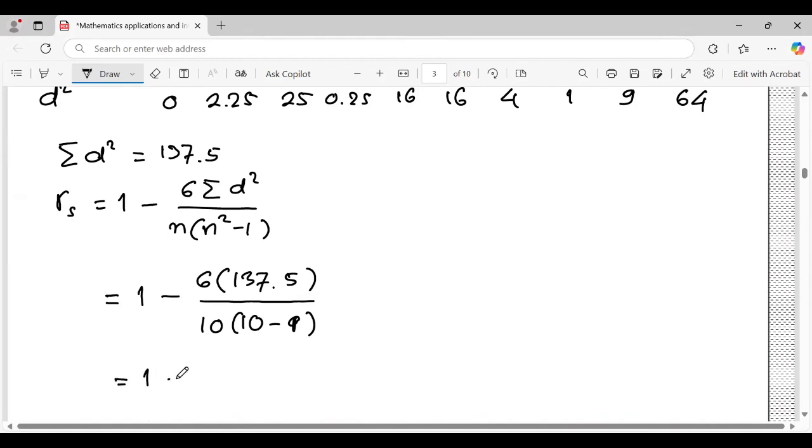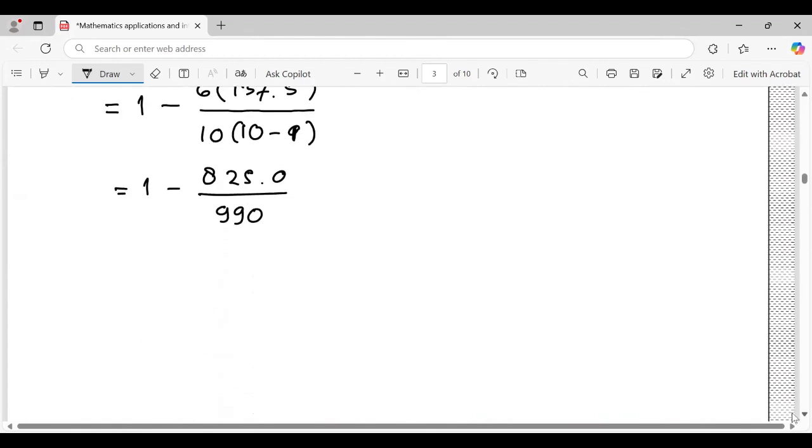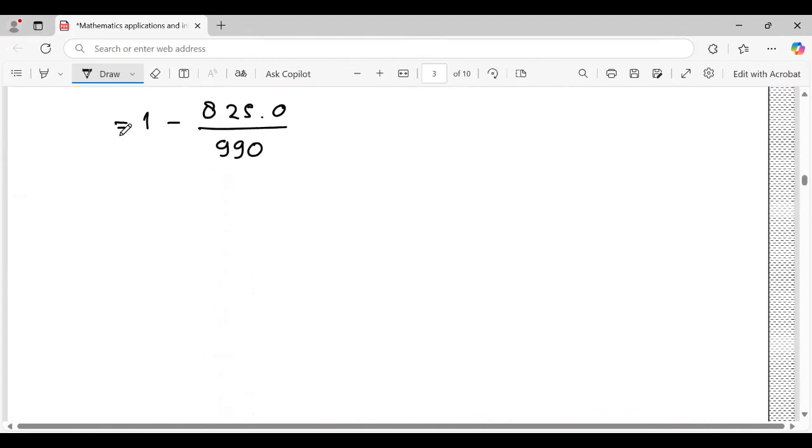And it becomes 1 minus 825 divided by 990. If you calculate, it is 1 minus 0.8333, and so on, which is 0.16666, and so on.